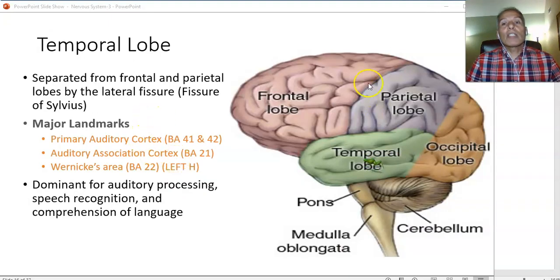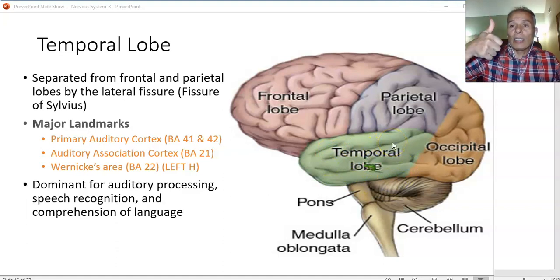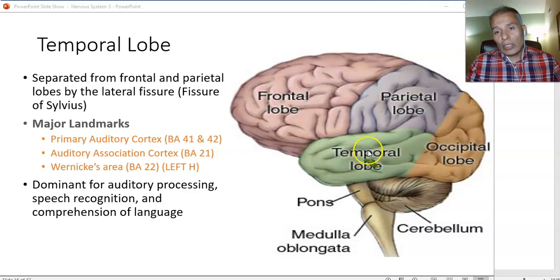Then we have the temporal cortex, or the temporal lobe, and most of that lobe is dedicated to auditory processing, to memory, and emotional processing. So it has three gyri: the superior temporal, the medial or middle temporal, and the inferior temporal.